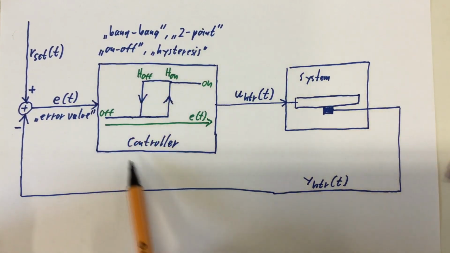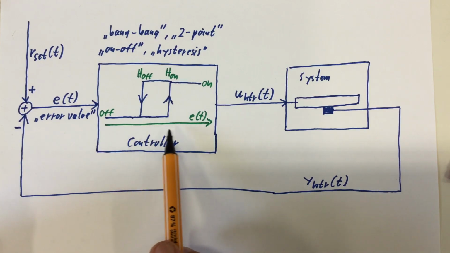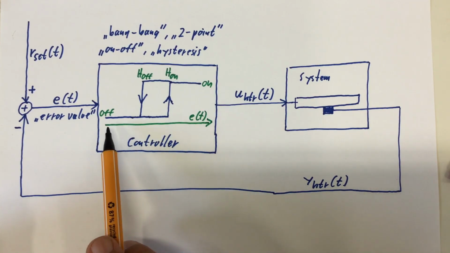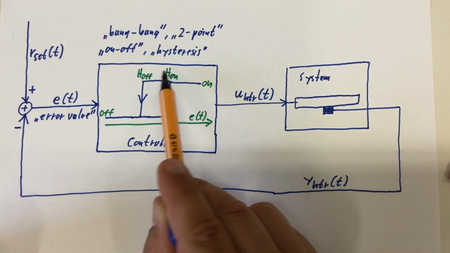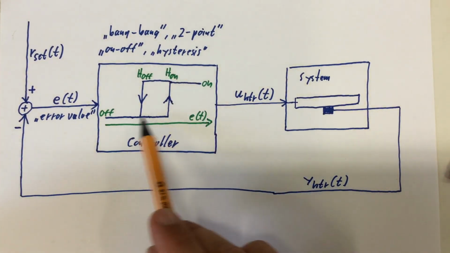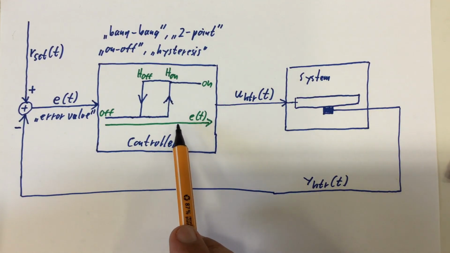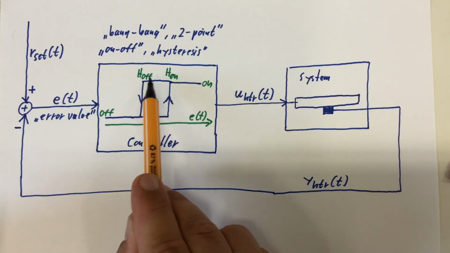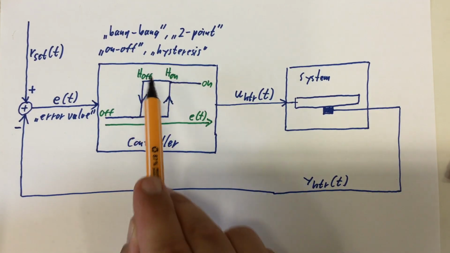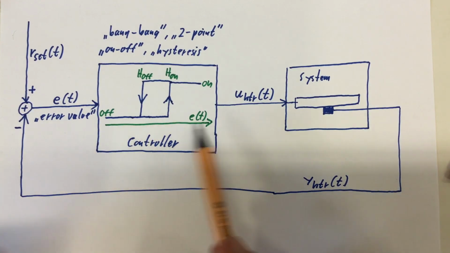And what such an on-off controller does is, if the error value is bigger than a hysteresis on value, it switches on. And if the error value goes back again and reaches a hysteresis off value, it switches off.